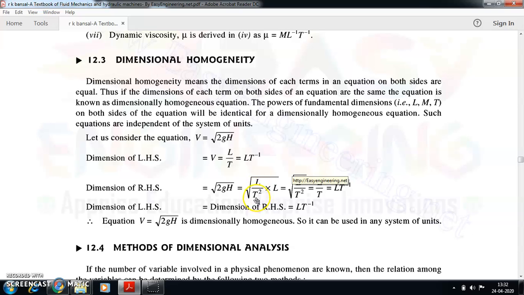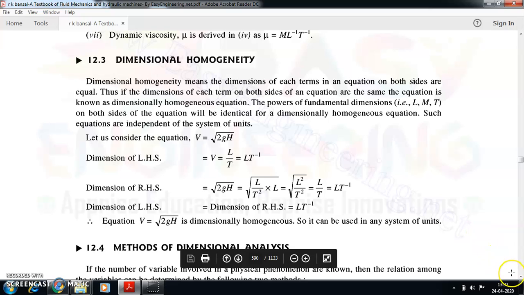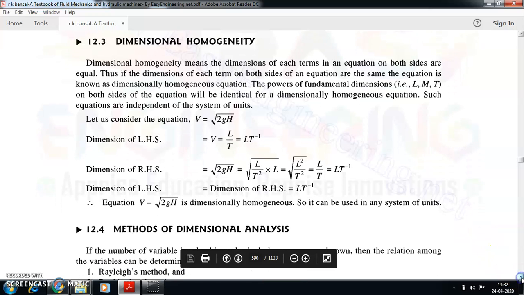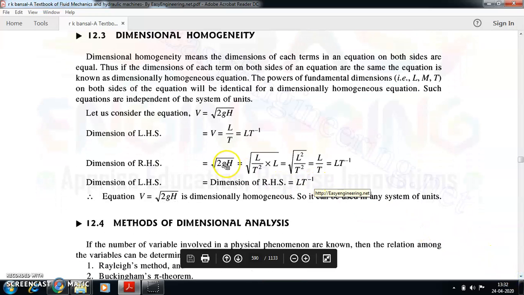So L by T square into h. h is a measurement of head or the height, which will be written in terms of a unit length, so it is L, single power of length. Now if you solve here, you will get L square divided by T square, right? Root of that, so L by T. So root of 2gh, when I put it in terms of fundamental quantities, is L by T.